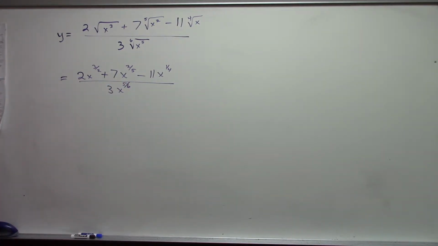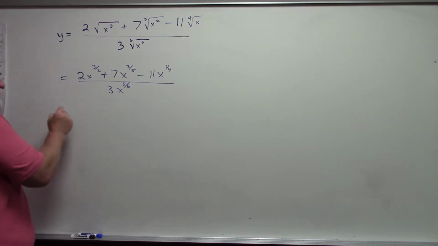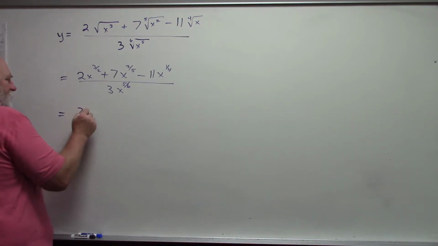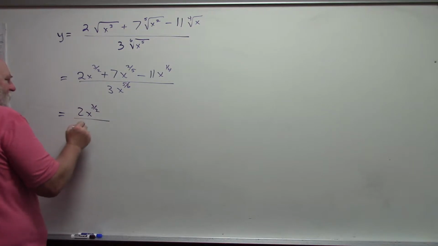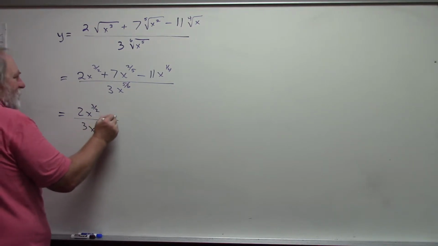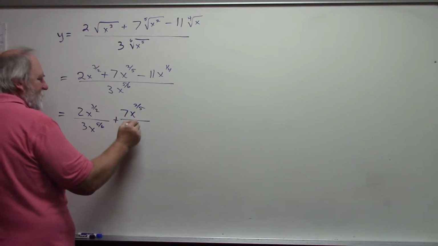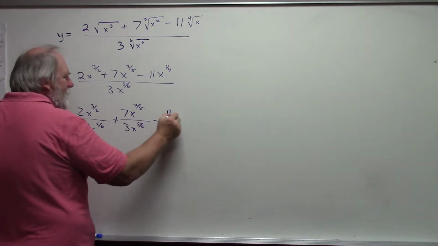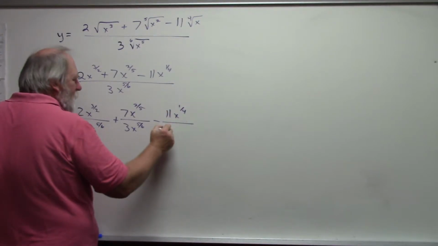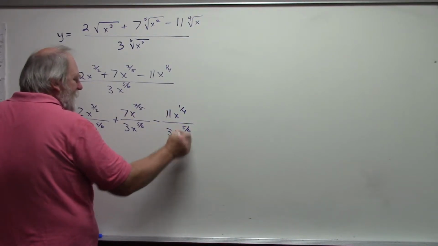Remembering rules of exponents, this then becomes 2x to the 3 halves divided by 3x to the 5 sixths plus 7x to the 2 fifths divided by 3x to the 5 sixths minus 11x to the 1 fourth over 3x to the 5 sixths.